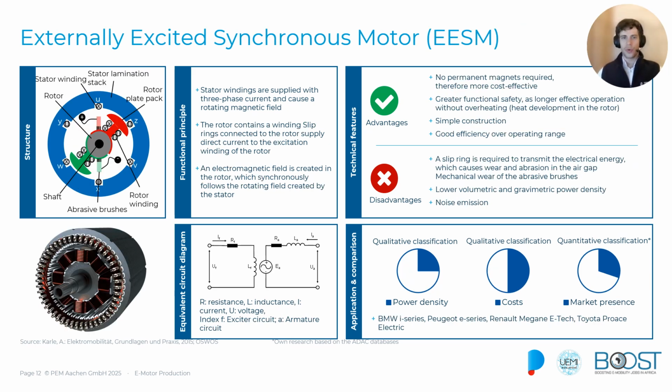Let's move on with another popular design, the externally excited synchronous motor. Again, starting on the left side of this slide, in the structure we see rotor windings. That means we use the same principle of magnetic field as in the stator, with a current-supplied coil.